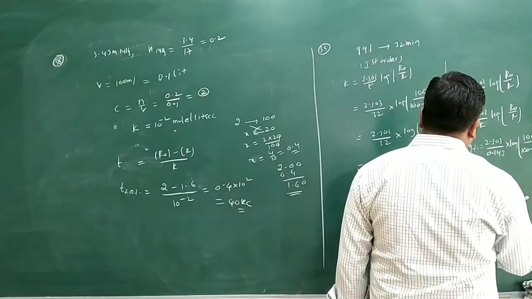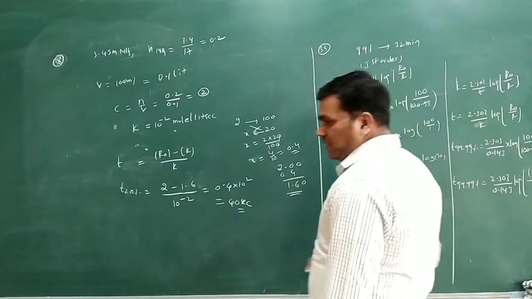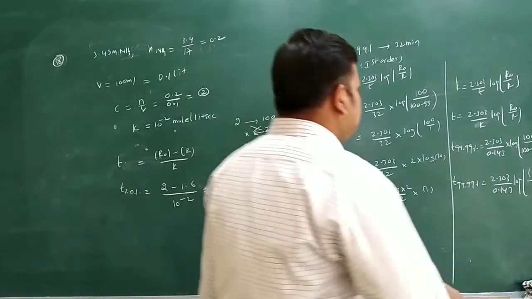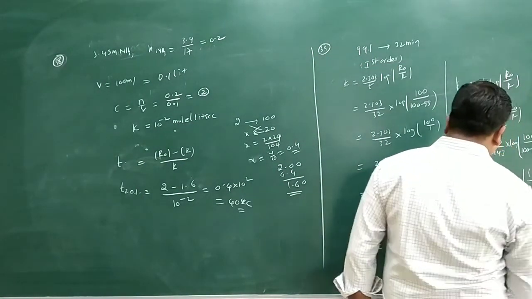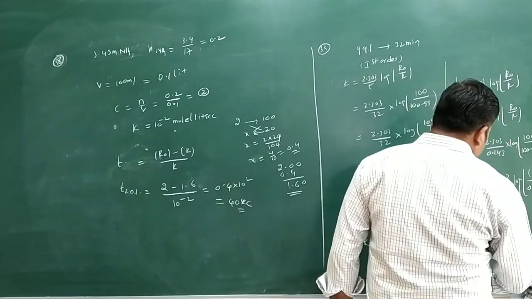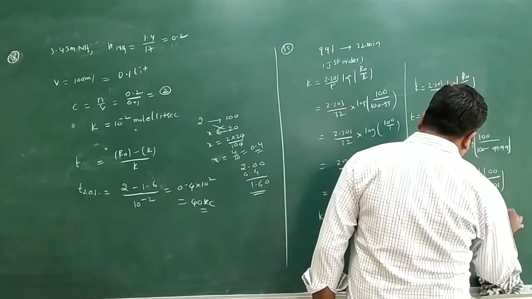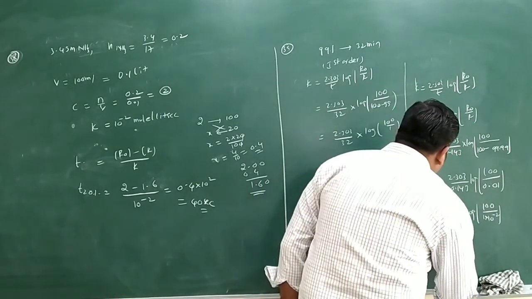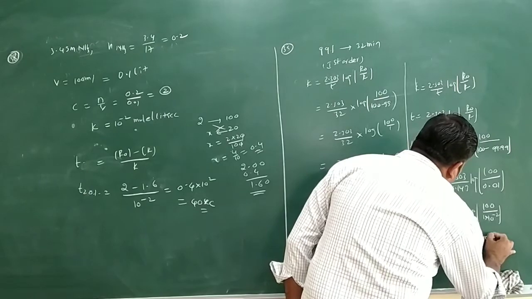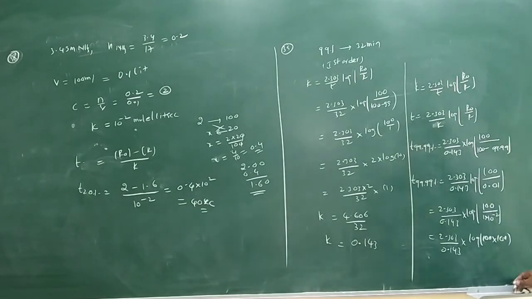You will get 0.01, which is 1 into 10 power minus 2. So 2.303 by 0.143 into log 100 by 1 into 10 power minus 2, which is log 100 into 100. That I am writing as 10 power 4.